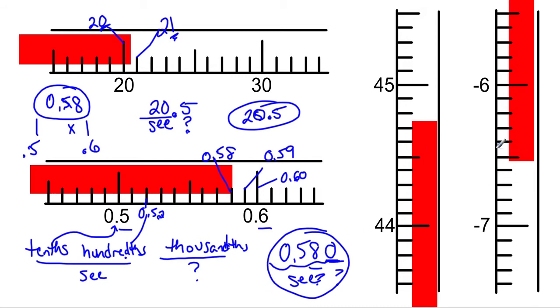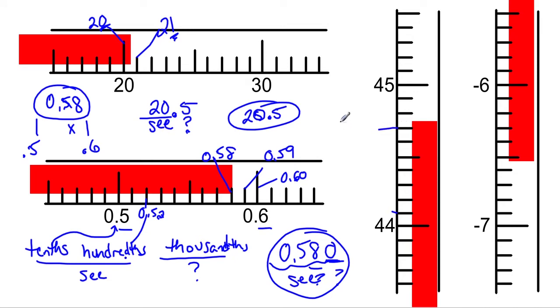Now let's look at these. This might be a thermometer, a burette, or a eudiometer, or something like that. Let's first look at the 45 and the 44 line. Here's 44. To get between 44 and 45, you have to go up by the tenths of a spot. So 44.1, 44.2, and so forth.